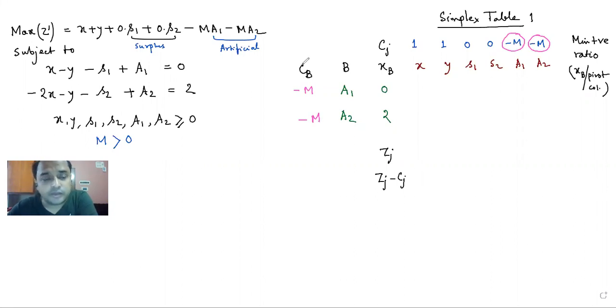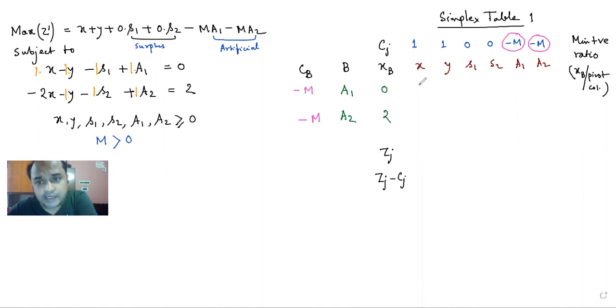And then we are going to put it in a matrix way. First of all, you mark the coefficients. The coefficient of x is 1, coefficient of y is -1, coefficient of S1 is -1, coefficient of A1 is 1. In the second equation, the coefficient of x is -2, coefficient of y is -1, coefficient of S2 is -1, coefficient of A2 is +1. We are going to put them all.